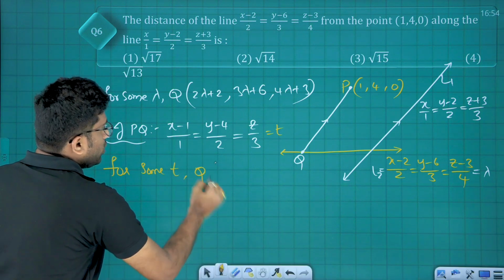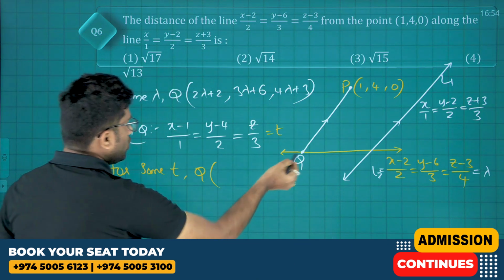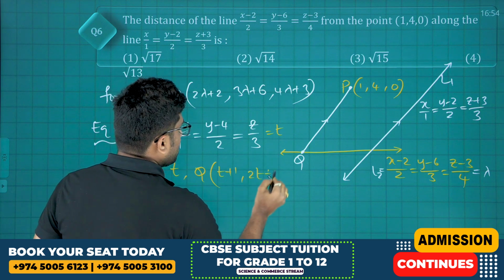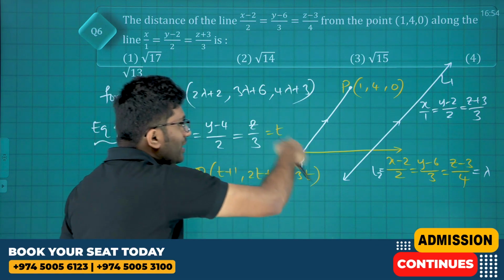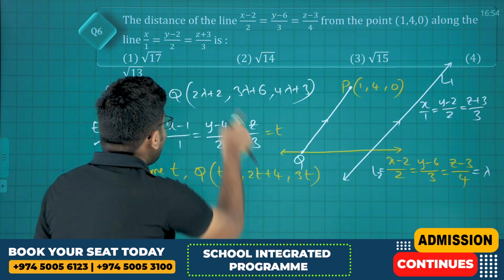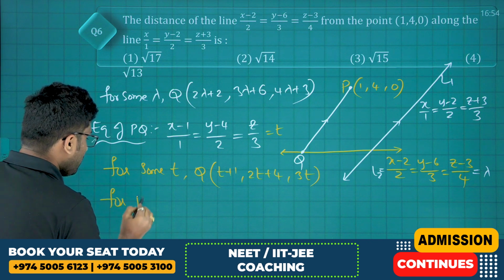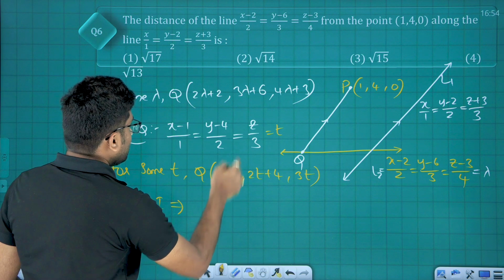The coordinates of Q I get, because PQ intersects this line. So Q will be t plus 1 comma 2t plus 4 comma 3t. Now PQ intersects this line, that means this point and this point are the same. So for the point of intersection, we equate these two.